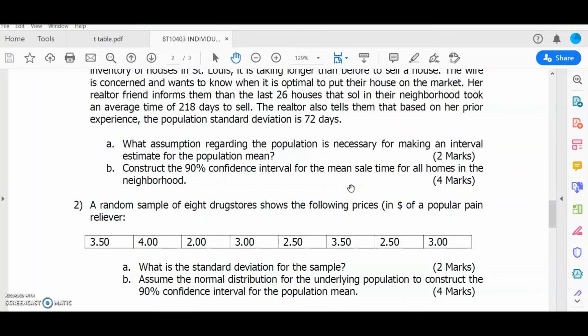So that is basically what we are supposed to do in order to answer sub question 2.